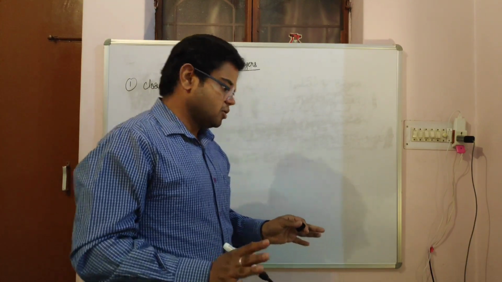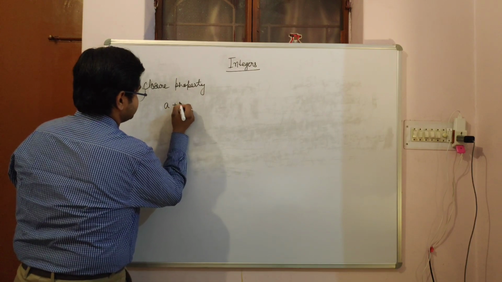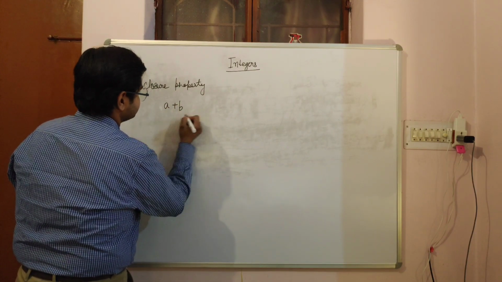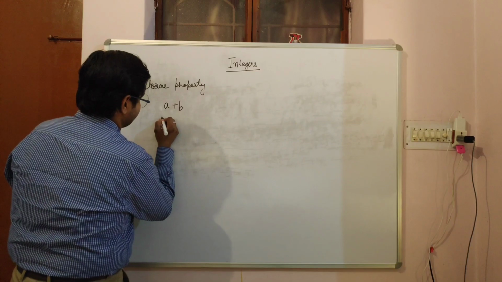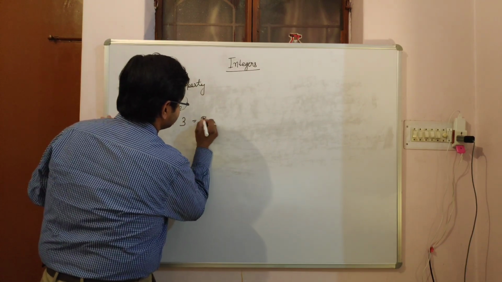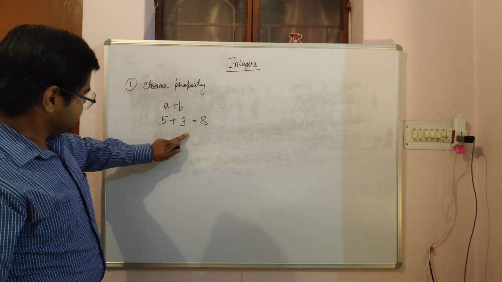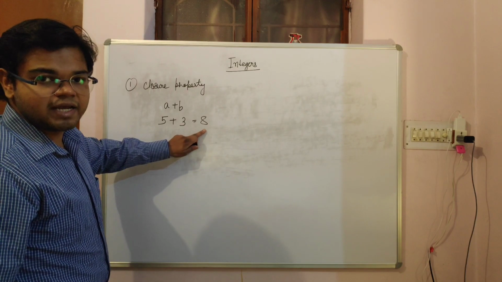In simple terms, this means that if we add two integers, a plus b, suppose a is 5 and b is 3, what is the result? 8. A, which is 5, is an integer, 3 is an integer, and 8 is also an integer.